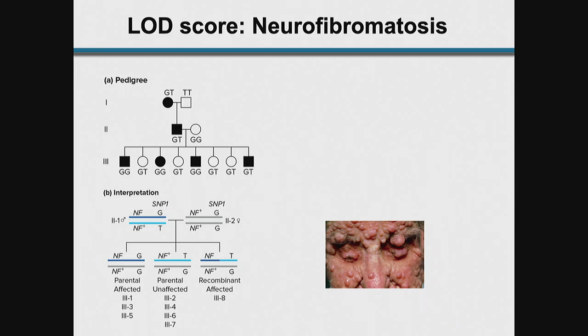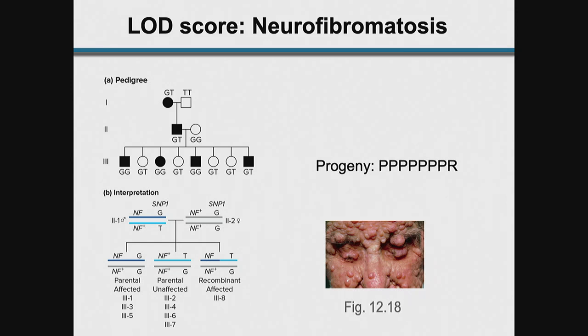However, there's one that doesn't fit this pattern because it's a recombinant, and that's this one right here. In this case, there must have been a recombination event in the father to associate the T-SNP with the disease allele, okay? So these progeny are parental phenotypes, except for this one, which is recombinant, okay?